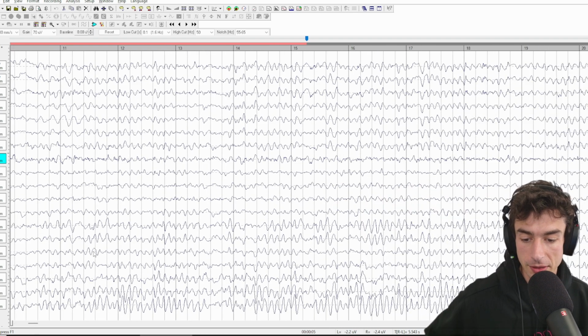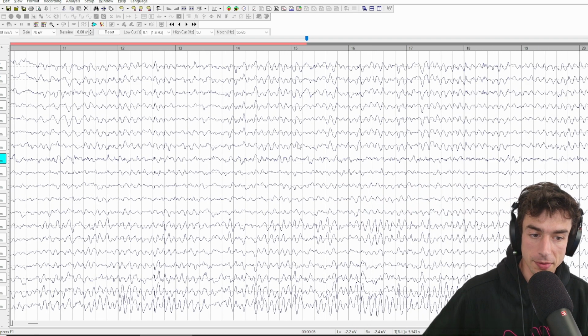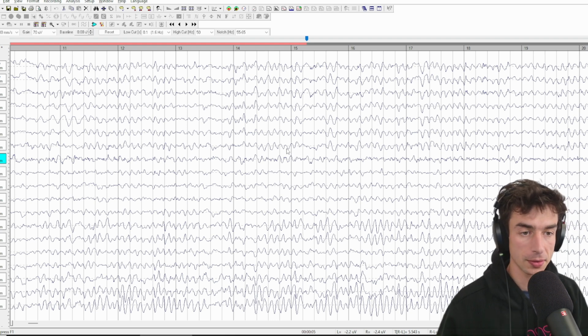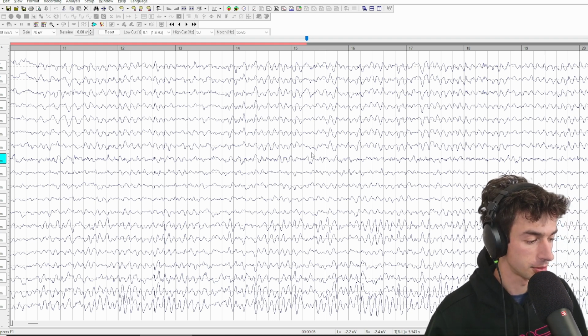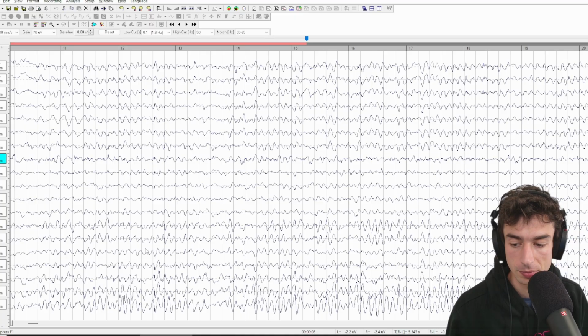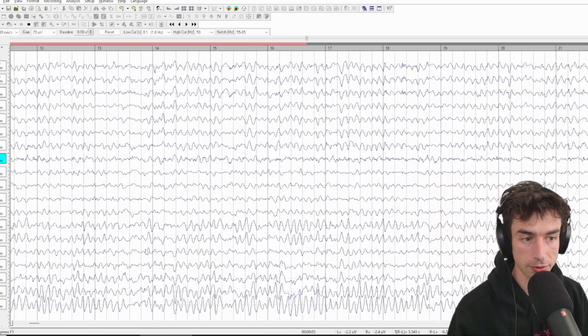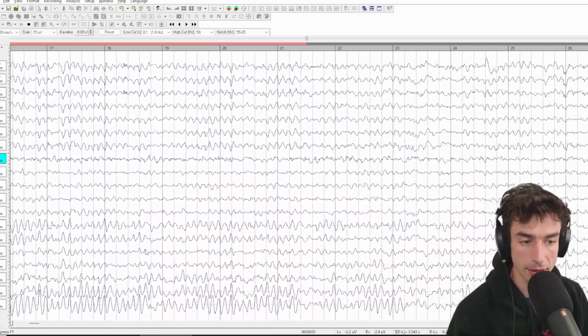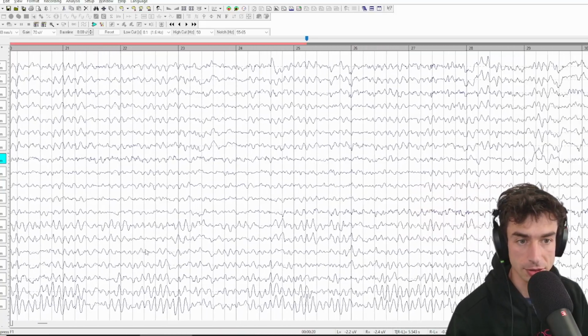And what do we see? We see lots of alpha, as we would expect to see in the eyes closed condition, mixed in with some frontal theta, like we saw in the eyes open. So we'll scroll through, keeping an eye out for any interesting features.